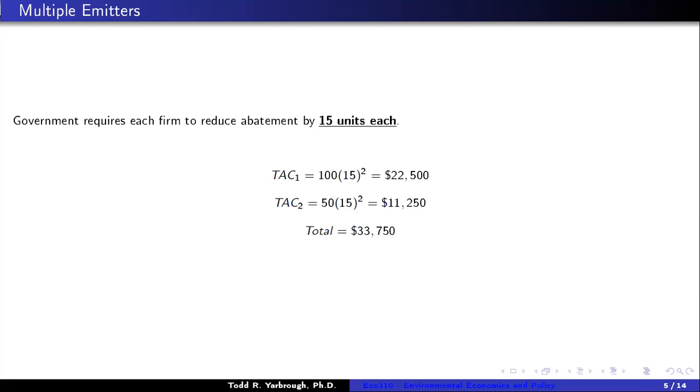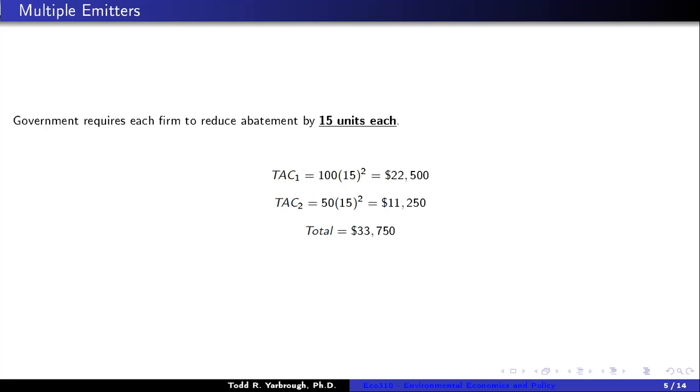This is a situation where the government imposes a particular standard and then enforces that standard, usually through some sort of legal action. We can imagine that in this scenario, the government has established that they want to reduce pollution by 30 units, and that perhaps the most fair way to do this is just to have each firm reduce their pollution by 15 units each.